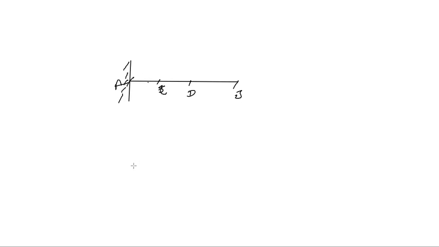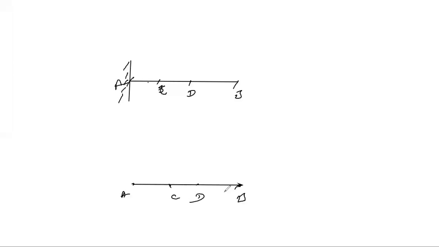Now take a parallel line to this, take a parallel line. After this, what we need to do? We need to mark A, here we have B, here we have C, here we have D.